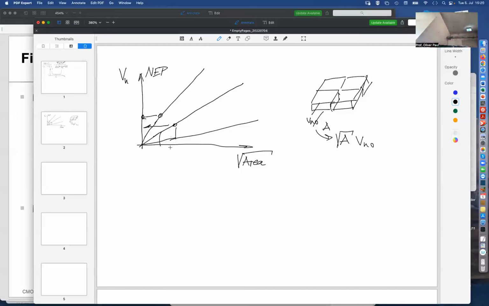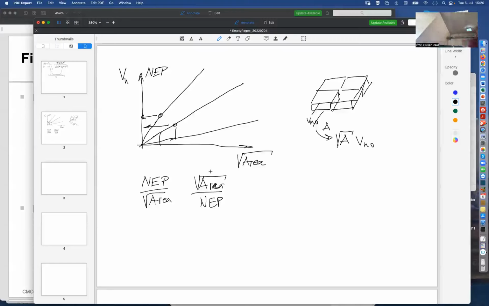And so this hick-hack is resolved by the detectivity, because you can divide the noise equivalent power by the square root of the area, or vice versa. You can also calculate the square root of the area by the noise equivalent power, and then this number lets you compare all those curves on the same level.